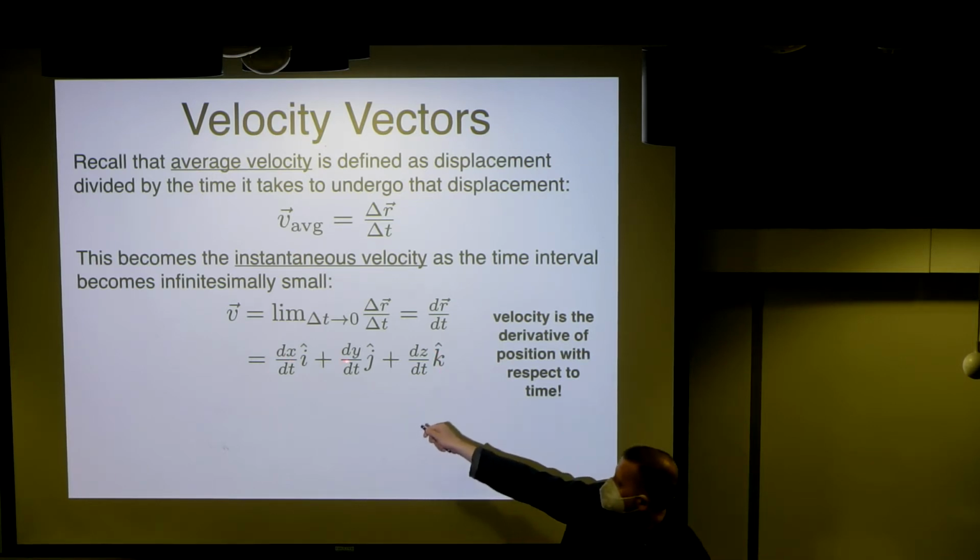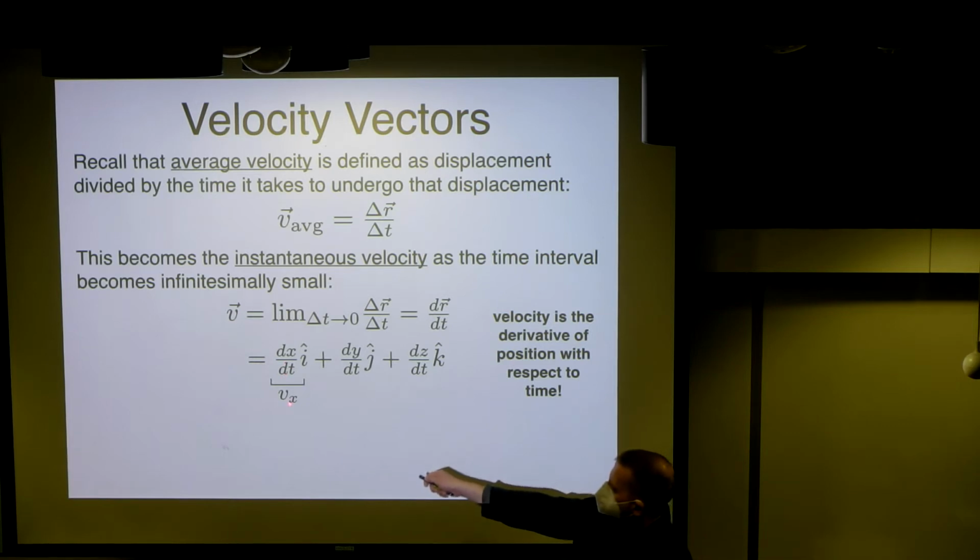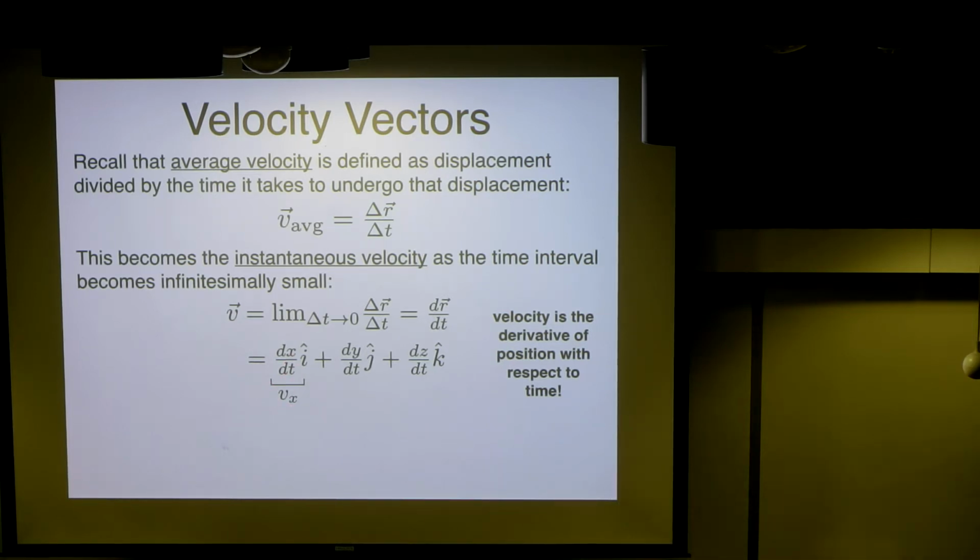So the rate of change of my x, y, and my z positions give me my x, y, and my z velocities. So we call this guy vx. That's the x component of our velocity. Okay, the second one we call vy. The third one we call vz. Okay, so again, we're not really going to do any sort of calculations using derivatives, but I just want to show you how to define things in that way. Does that make sense?